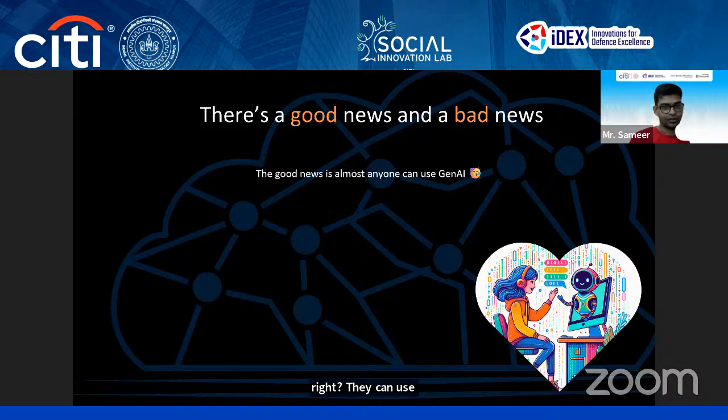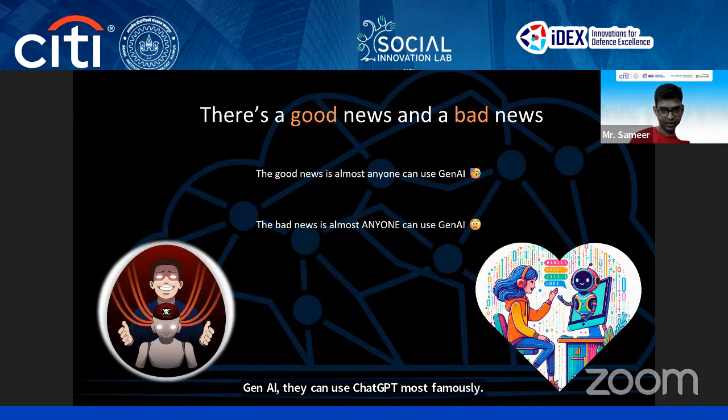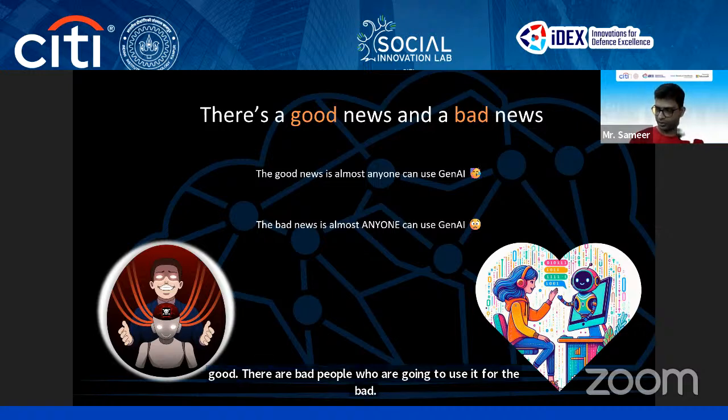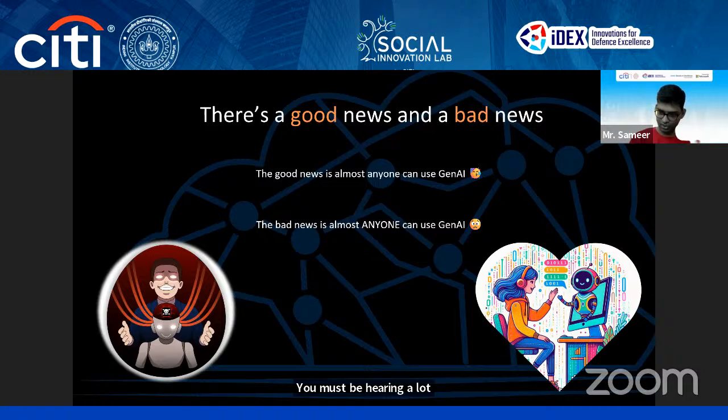And then there's a bad news, and the bad news is that almost anyone can use Gen AI, right? The same thing. This is a double-edged sword. There are good people who are going to use it for the good. There are bad people who are going to use it for the bad. You must be hearing a lot about the misuses of AI in recent times, Gen AI particularly, like deep fakes, right?